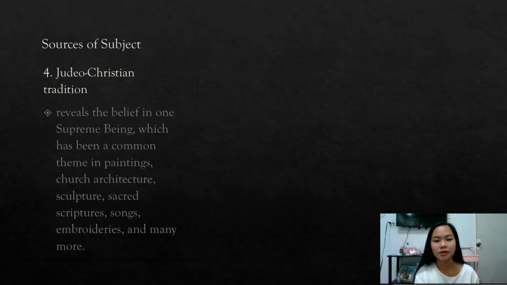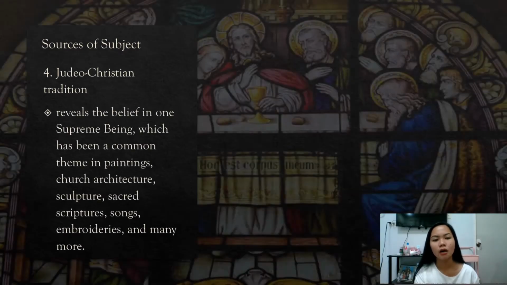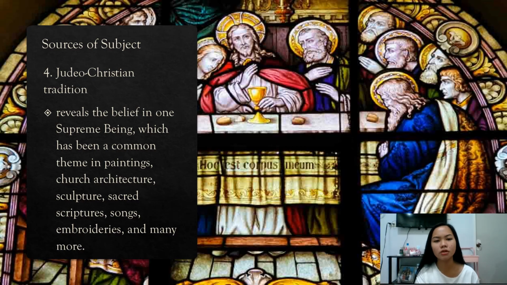So artists could also get their subject from the Judeo-Christian tradition. So this tradition reveals the belief in one supreme being, which has been a common theme in paintings, church architecture, sculpture, sacred scriptures, songs, embroideries, and many more.